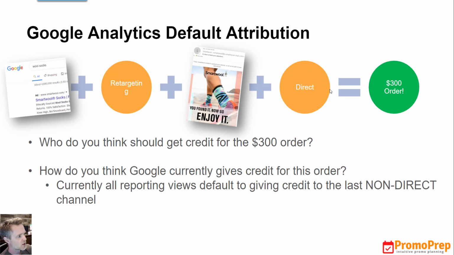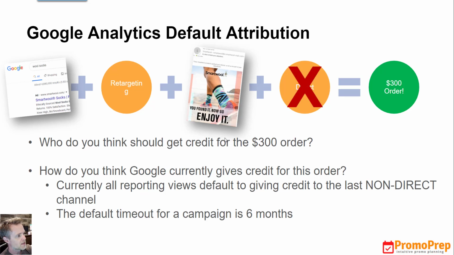So even though this was the last touch point that someone made to come into the site, Google Analytics would actually give credit to this paid social ad, because that's where the last non-direct traffic came from, and that's what caused the order to happen. So Google has this timing on it for 6 months. Google will keep track of where the traffic came from for up to 6 months.